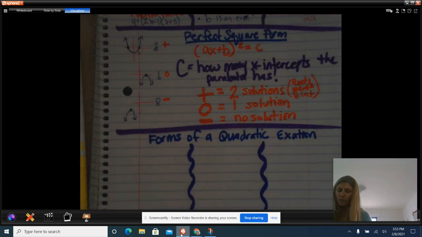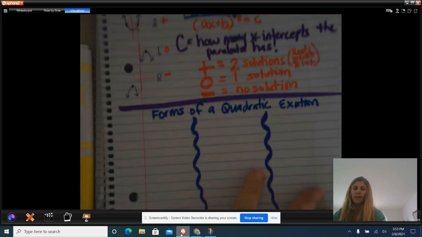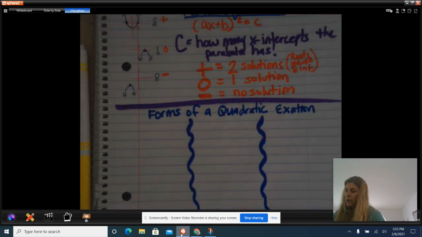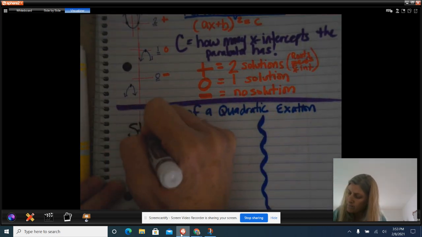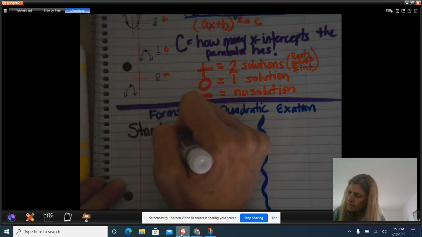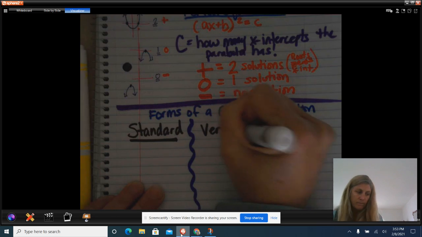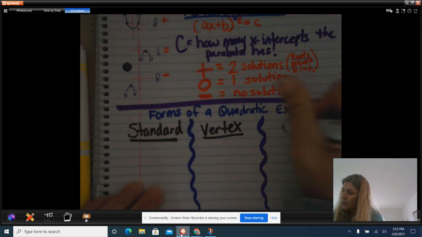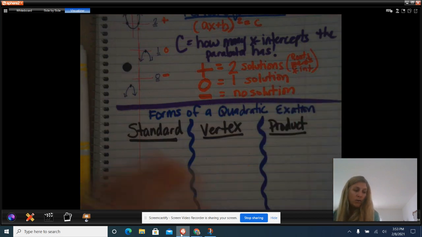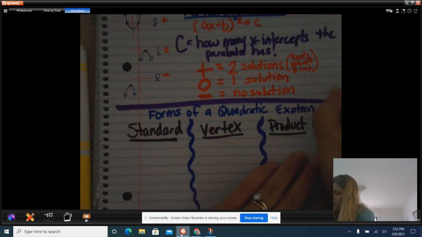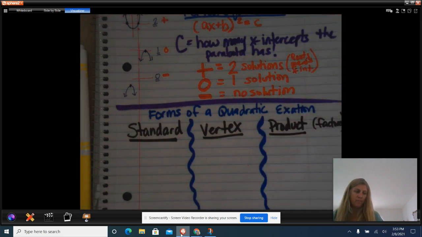There's more than three, but there's three that we've used and talked about a lot this first year of Algebra 1. So first we have standard form. We have vertex form. And we have our product form, also known as factored form. Lots of names for a whole bunch of math stuff.